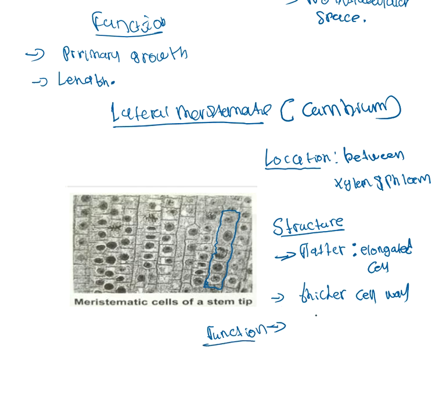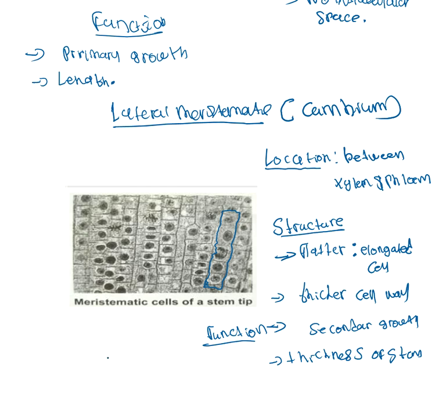The function of this meristematic tissue is that it is responsible for secondary growth, or the thickness of the stem, to make sure that the stem grows laterally.